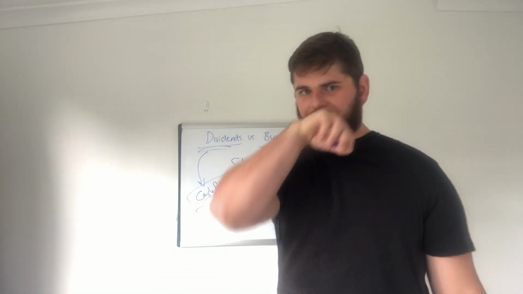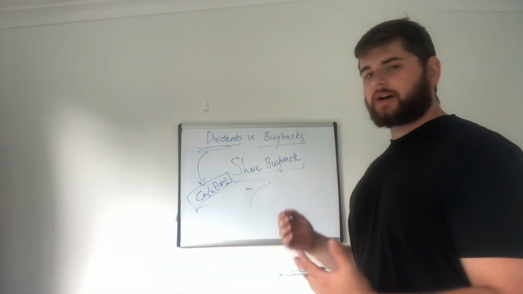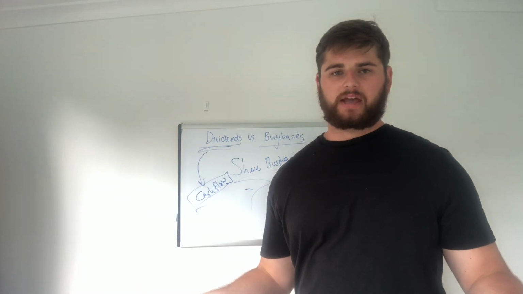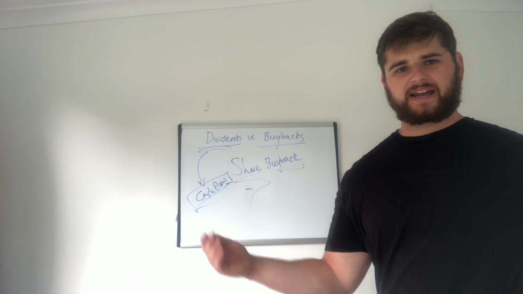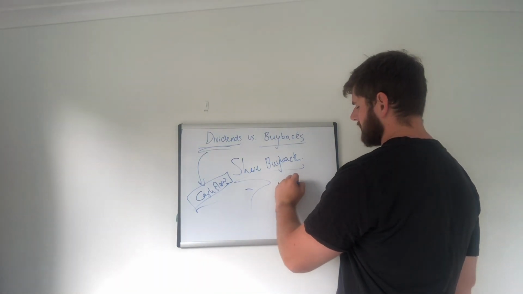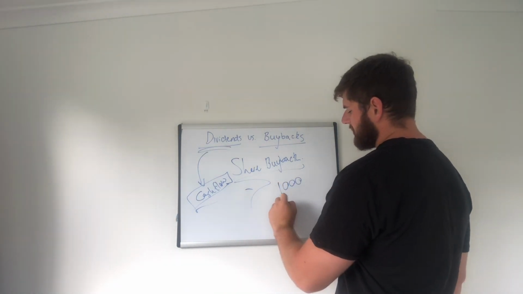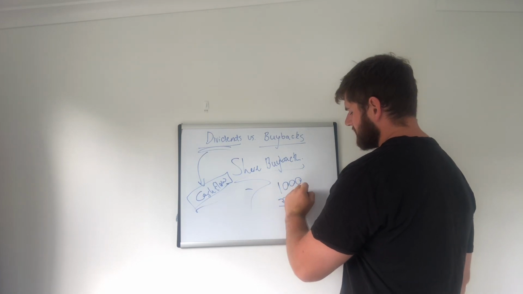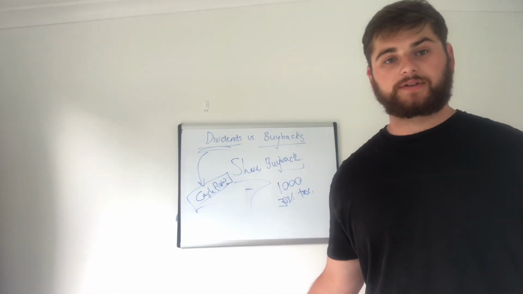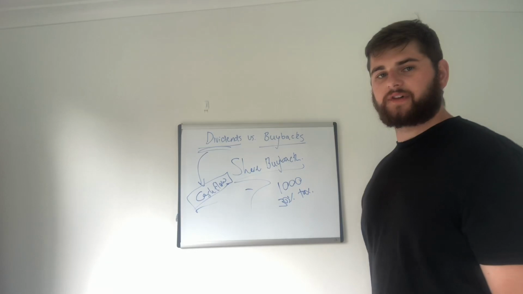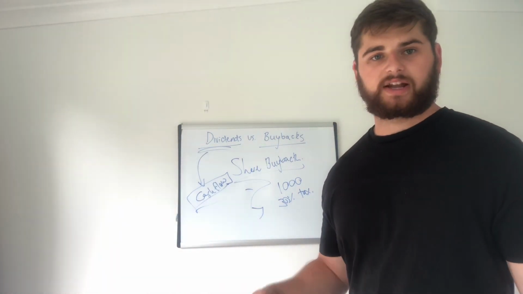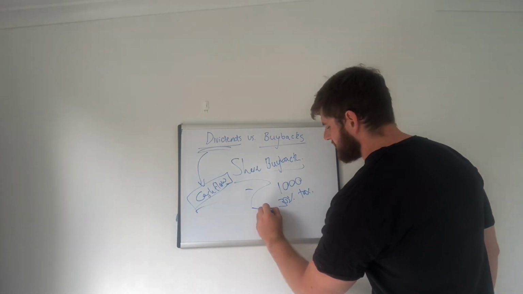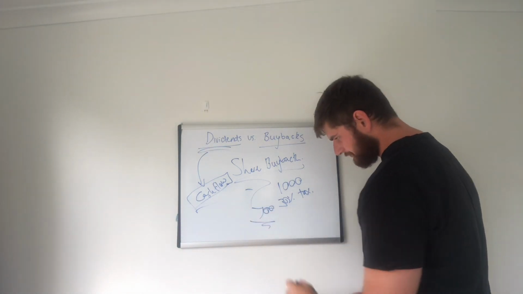So when a company makes a profit, they pay tax on that profit. Let's say that a company makes $1,000 and they have to pay 30% tax on that profit. What that leaves available to pay out to shareholders through one of these capital reallocation strategies is only $700 after they've paid tax.